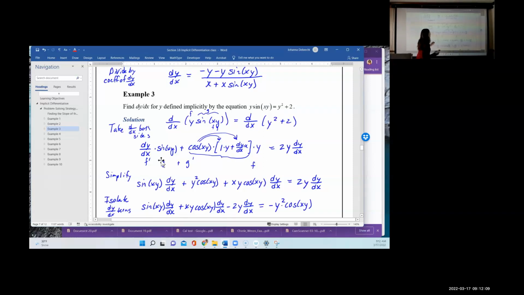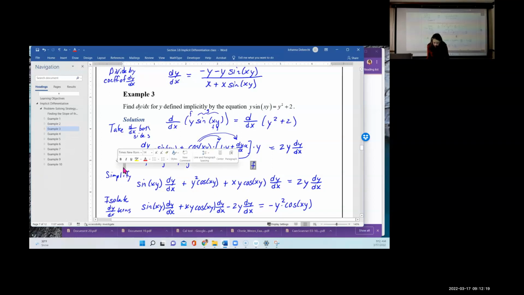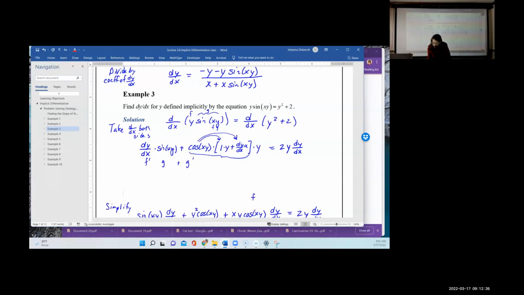Okay, so let me write it in a different color underneath. Okay, so let's see if I can add a line in here. It will let me. Yeah, looks like I can.